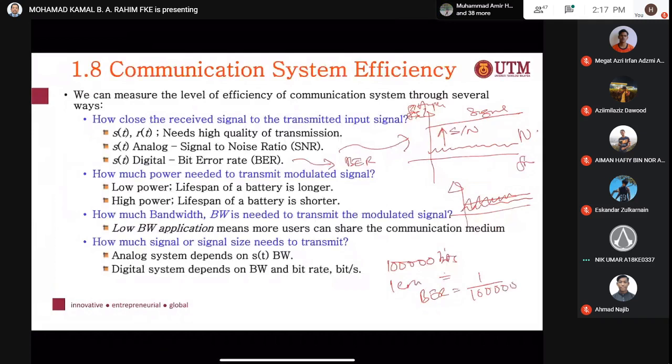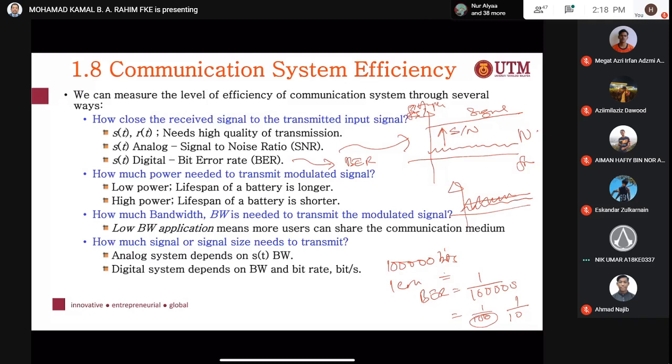But if your bit error rate is close to 1 over 100, in 100 bits you have one error. Or if you have 1 over 10, in 10 bits you have one error. So your system is not good, because you are going to have a lot of errors later on. This is how they measure the digital signal, the BER, for which they use the signal to noise ratio.